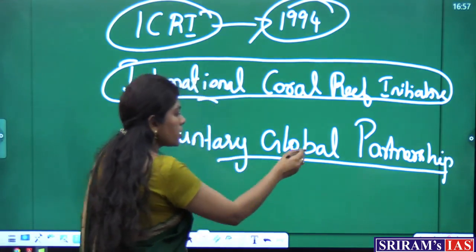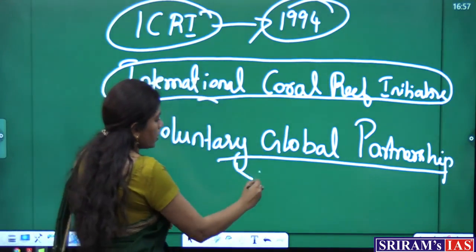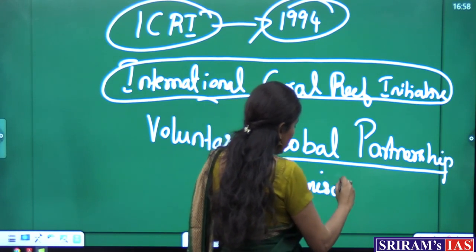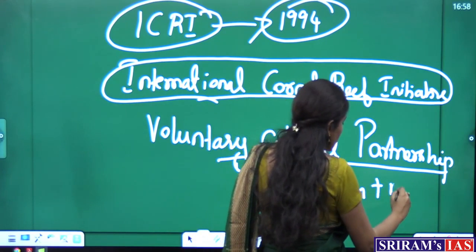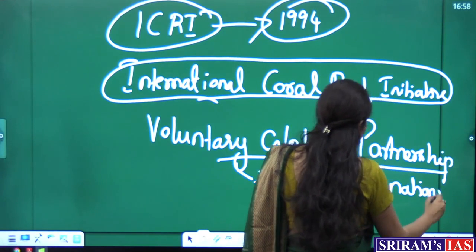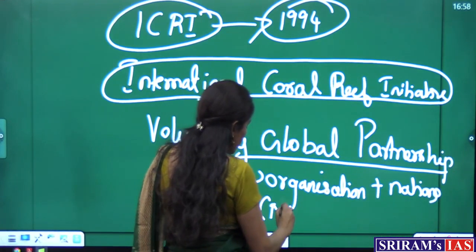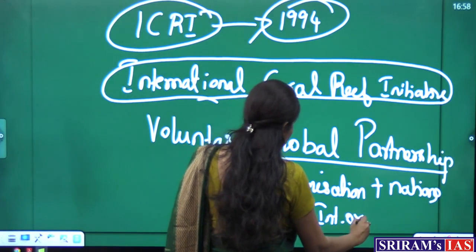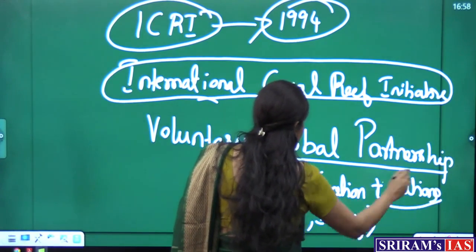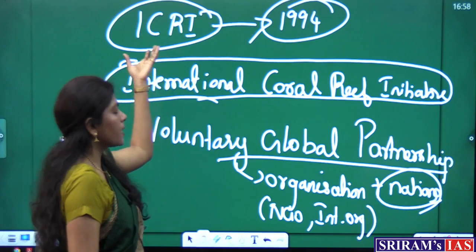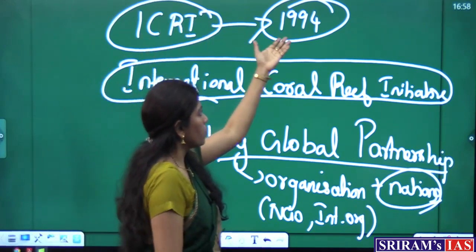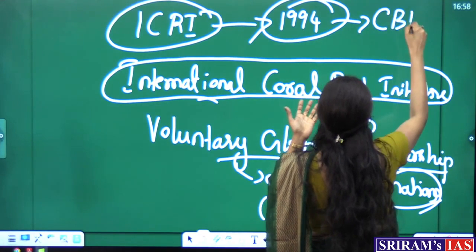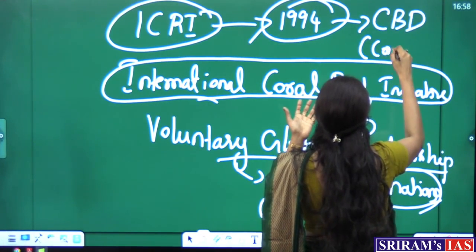That means it is a partnership of organizations and nations. In organizations you can find NGOs, foundations, international organizations, and other organizations also, and the nations joined together and formed this ICRI in 1994 along with the Convention on Biological Diversity Conference of Parties.